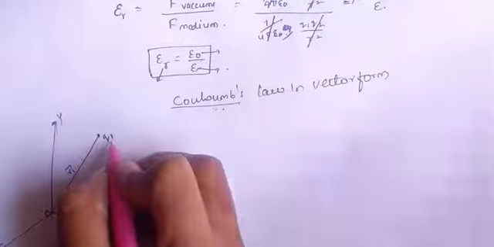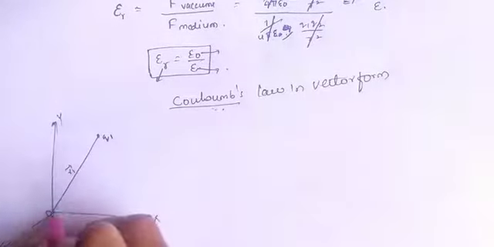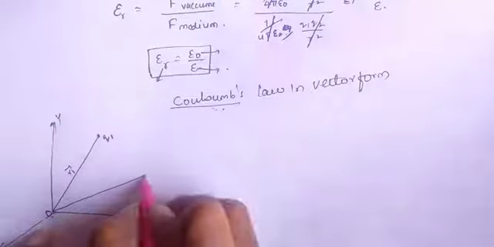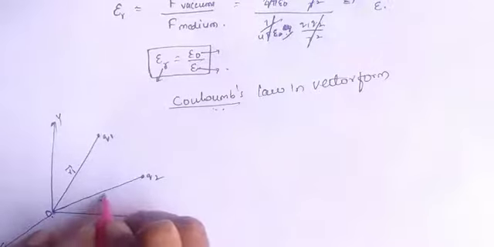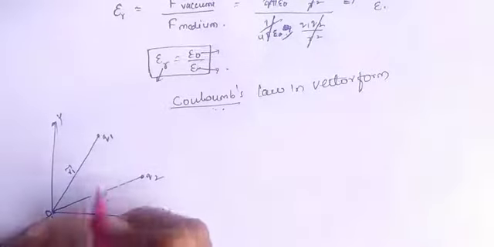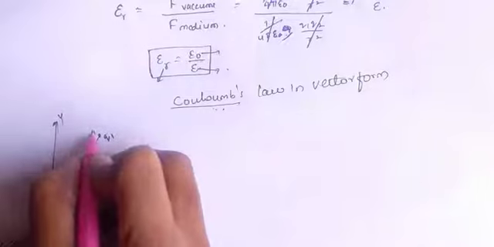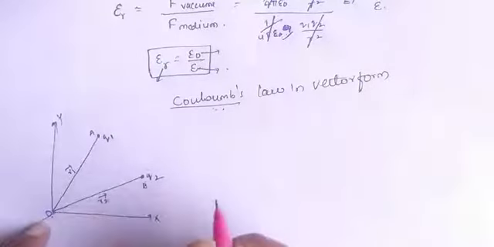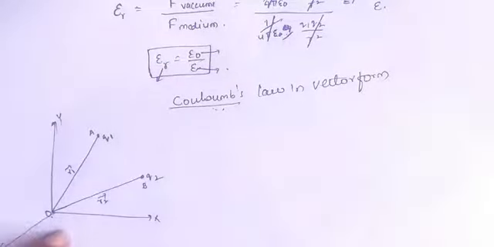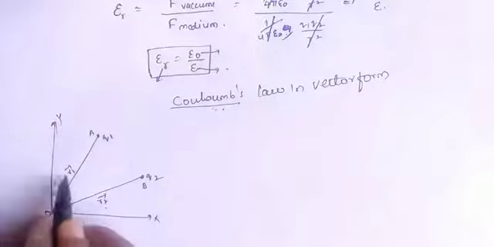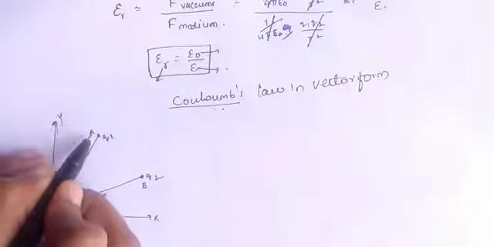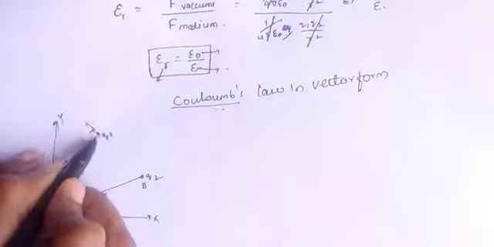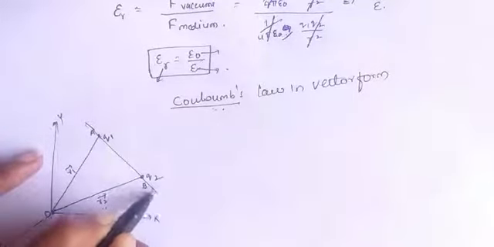Here I am considering another charge, q2, at r2 from the origin. So q1 is placed at point A and q2 is placed at point B. Here r1 and r2 are the position vectors, which means the distance between the charge and the origin. Then we draw another line joining these two charges.